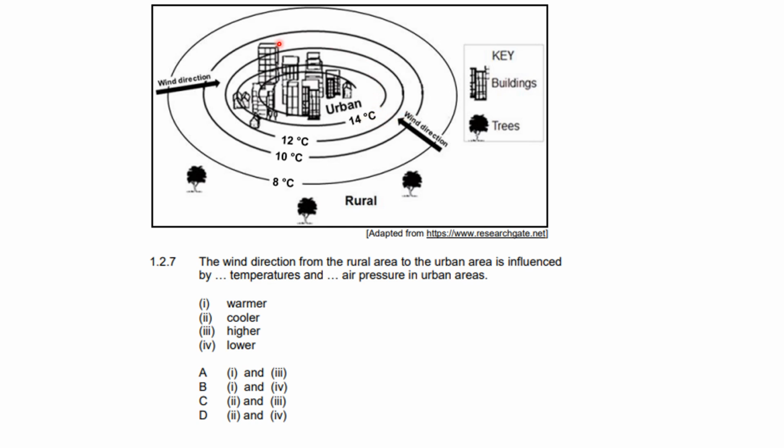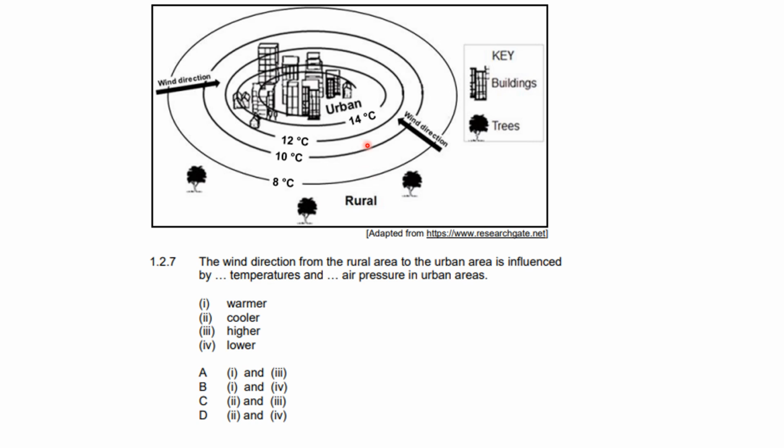If we focus there on the urban area, the question wants us to focus on temperature and air pressure, and this question is testing our knowledge on the relationship between temperature and air pressure.